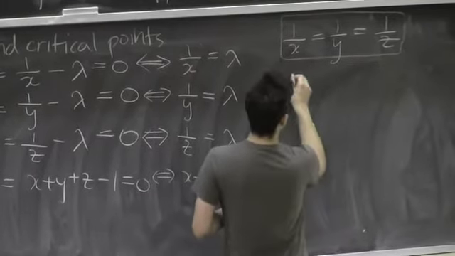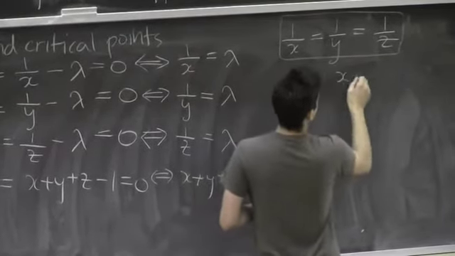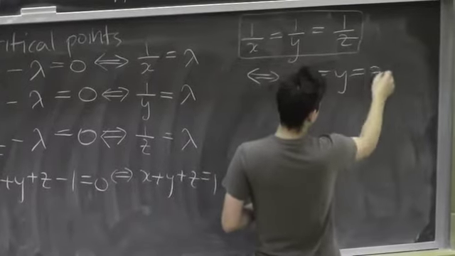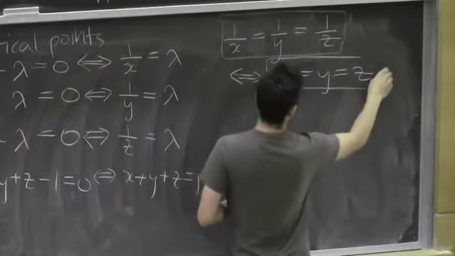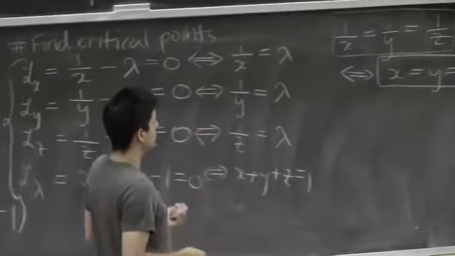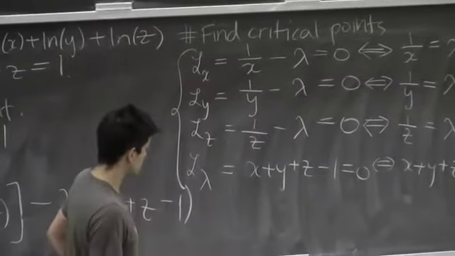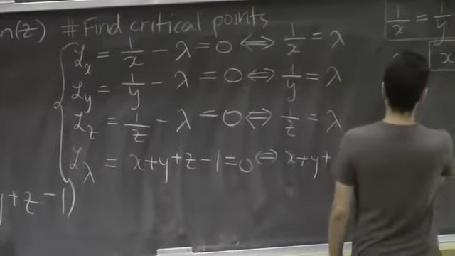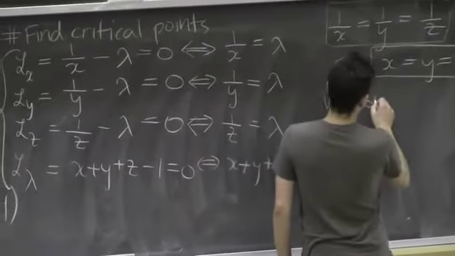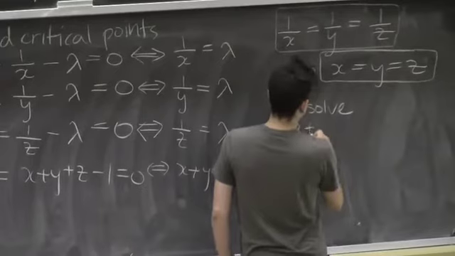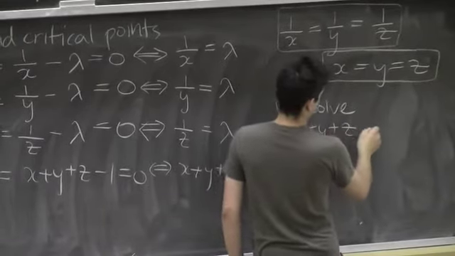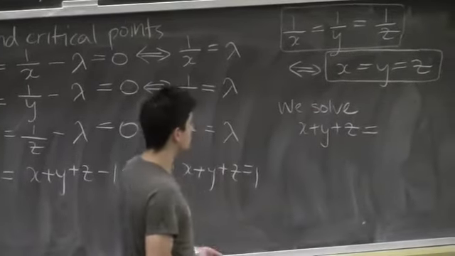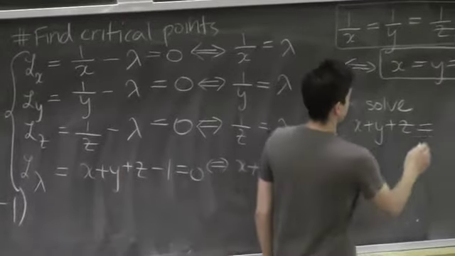So that's very helpful, especially if we rewrite it like this, that they all equal each other in this way. And now we can go down here and solve. These all equal each other, so they all equal x.